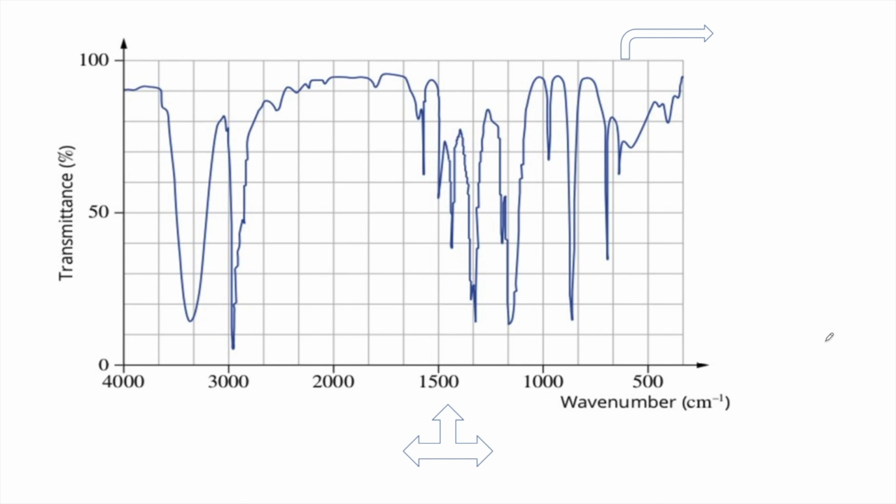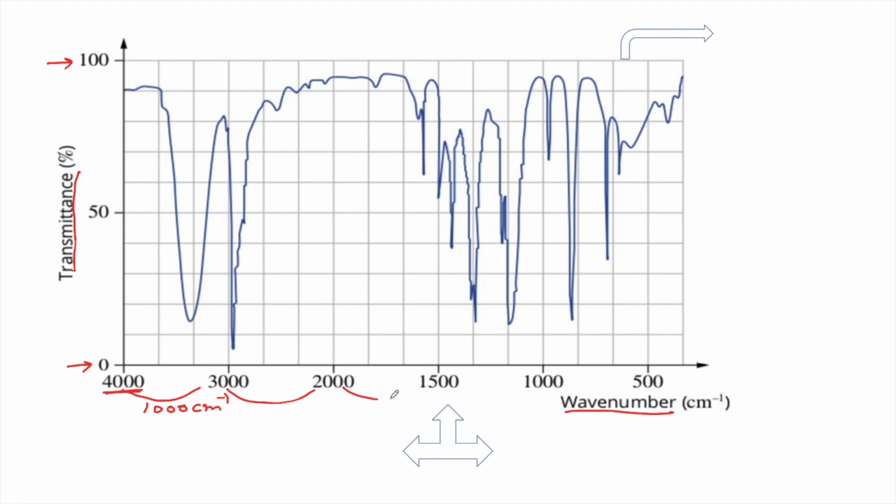As you can see, along the horizontal axis we have wave number, and the higher wave number is written on the left hand side. Along the vertical axis, we have percentage transmittance on the scale of 0 to 100. When I move from 4000 to 3000, 3000 to 2000, these differ from each other by a wave number of 1000 per centimeter.